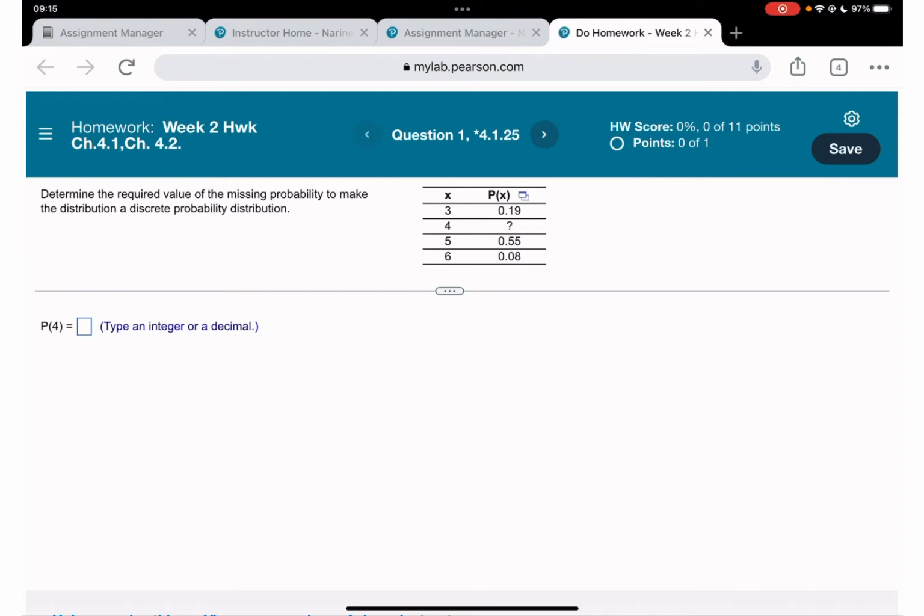We know the total probability maximum is 100% or 1. So if all probabilities are given but one, I'm taking the 1 and subtracting 0.19, 0.55 and 0.08, or add all these known probabilities, 0.19, 0.55, 0.08.